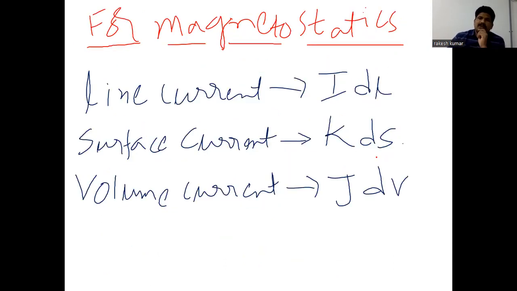Similarly for magnetostatics, we discuss in terms of current. Line current is represented with I dl, surface current with K ds, and volume current with J dV.